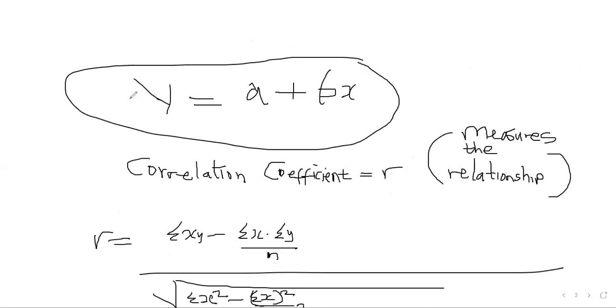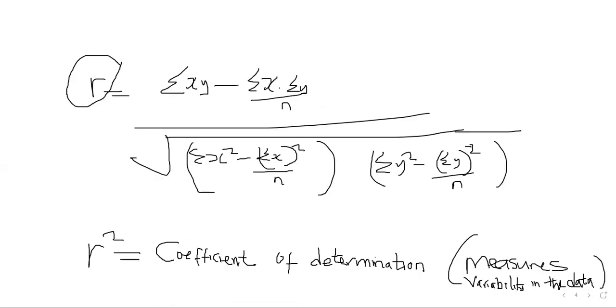Then the regression equation is an equation which is given by that. So what we really need to do here is find the relationship between the variables, which is given by this one.